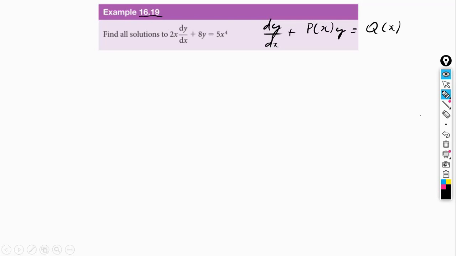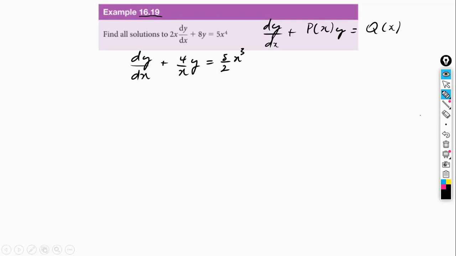So notice that here we have to divide both sides by 2x. And if we do that, we're going to get dy over dx plus 4 over x times y is equal to 5/2 x cubed.